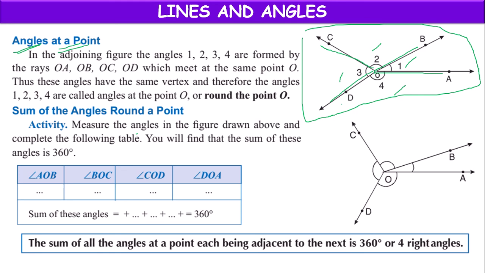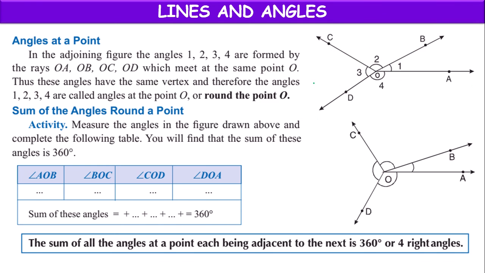All the rays are meeting at a point O. So all the 4 angles have the same vertex O. So all of them are called angles at O, angles around the point O.